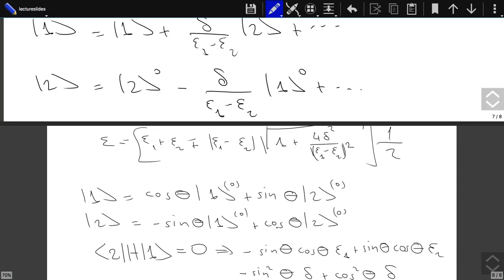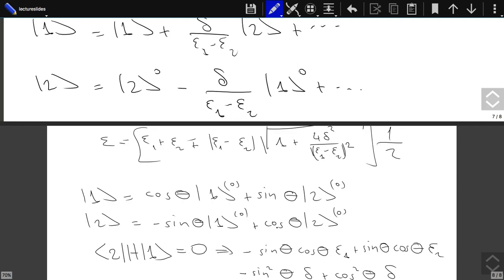Not cosine theta. Yes, normalization. In perturbation theory, we are not imposing the normalization. Here we have the normalized state. So that term over here, that delta and this delta over here, are in fact not the sine of theta. They are the tangent of theta. Because if you just take out this cosine theta, you have 1,0 plus tangent theta 2,0.